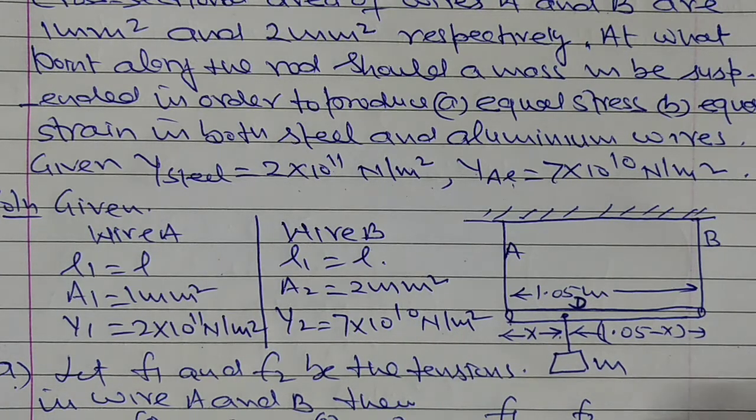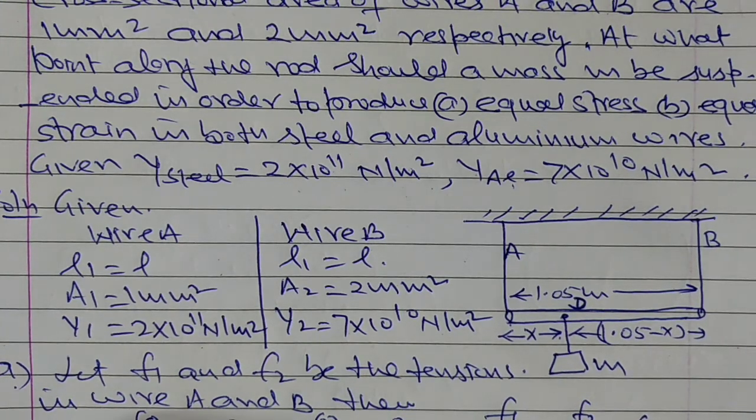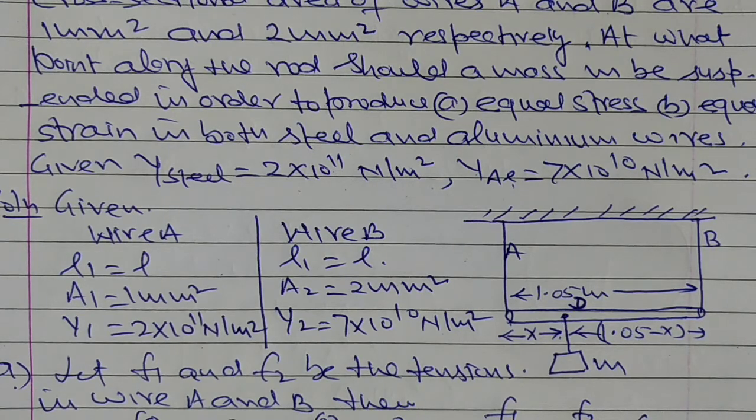This was given in the first part of the question. Now this can be written as F1 upon F2 is equal to A1 upon A2, and now area of cross section 1 upon 2. This is equation number 1, suppose.